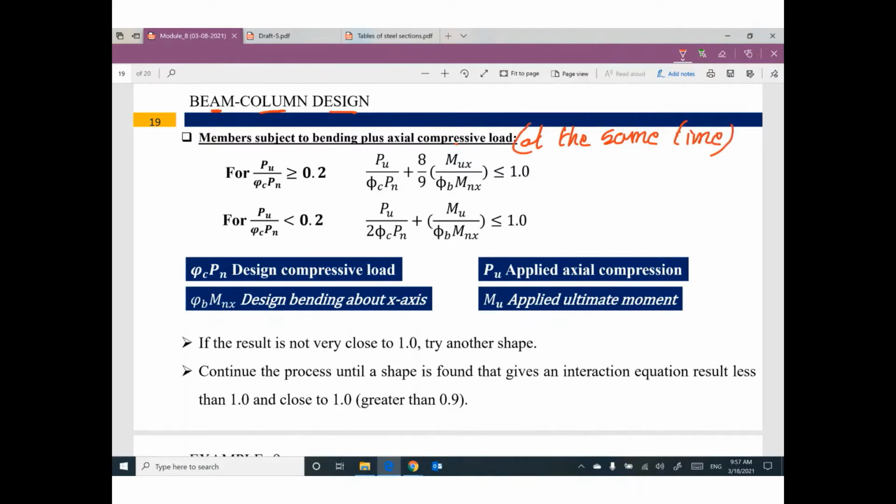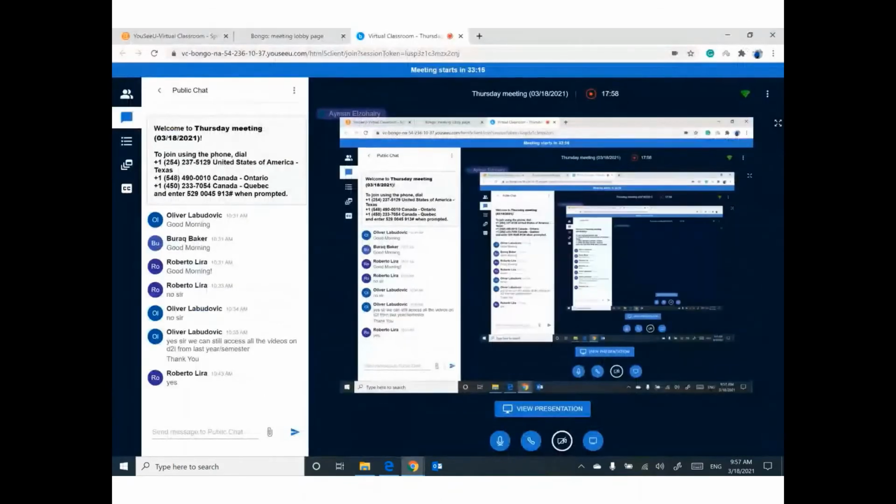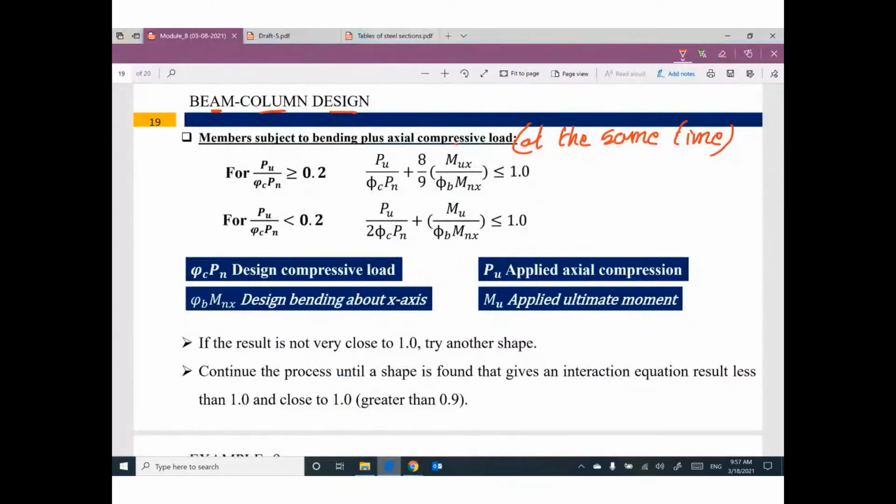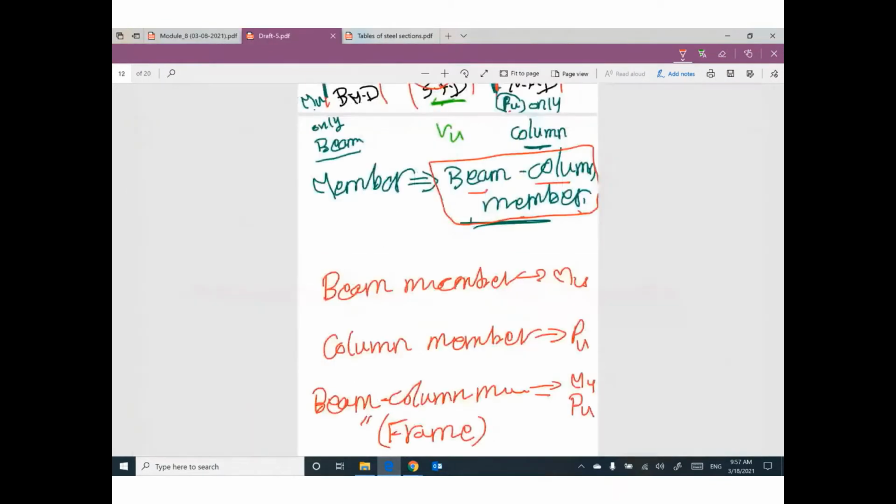Any questions so far? It's very easy, don't worry. I believe the design step is very easy. It's donkey work. The only thing we need to pay attention to is the structure analysis step.